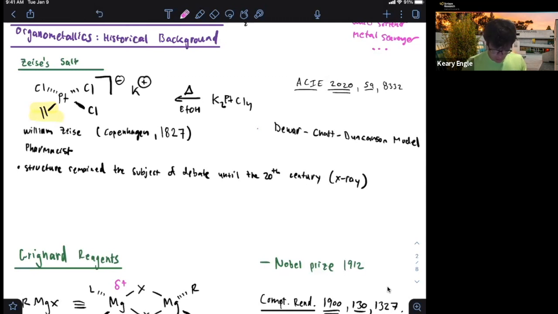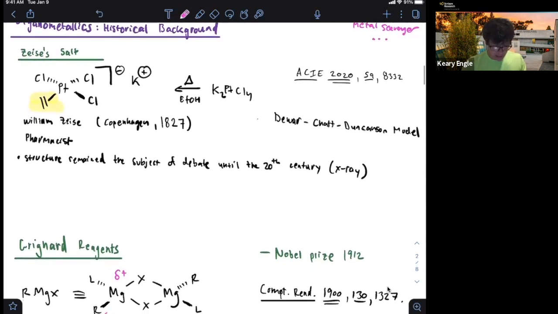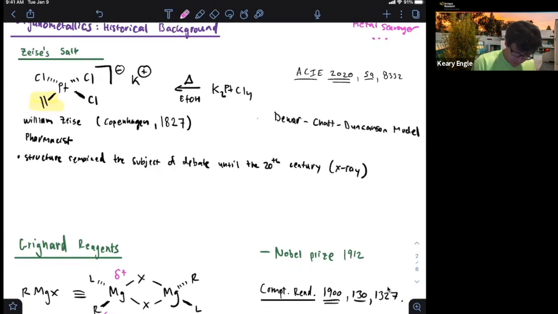And the first that we will take a look at is the complex shown here, Zeise's salt. This was first discovered all the way back in the 1800s, if you can believe that, by William Zeise, working in Copenhagen as a pharmacist.